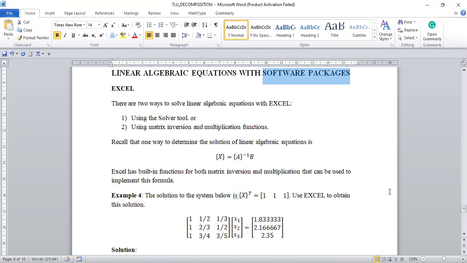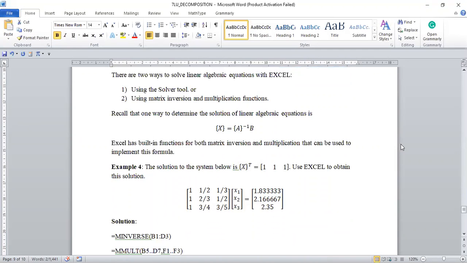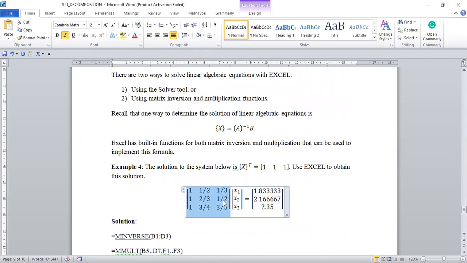So obviously there should be a software approach to solving it. We are going to make use of Excel and Matlab. We already used Matlab when we were doing modern control, so you might be able to do that. But I'm going to talk about Excel and Matlab just for the purpose of completeness.